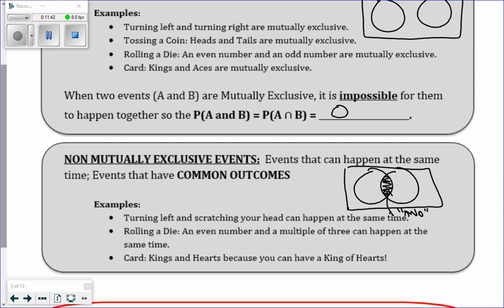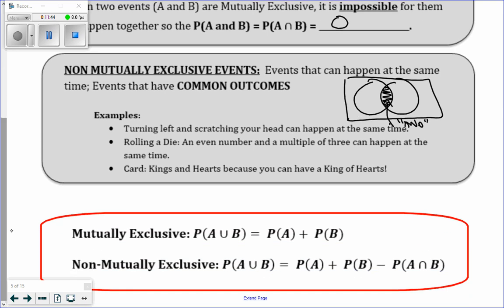So on your formula sheet, these are the formulas that you get. They're called the OR formulas. They're essentially saying the exact same thing.